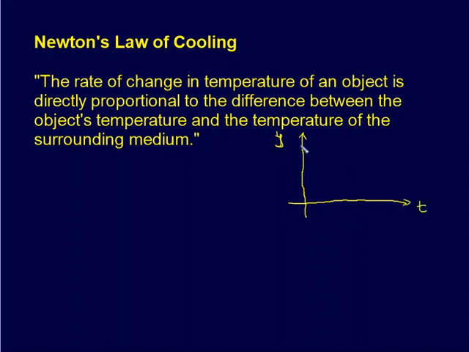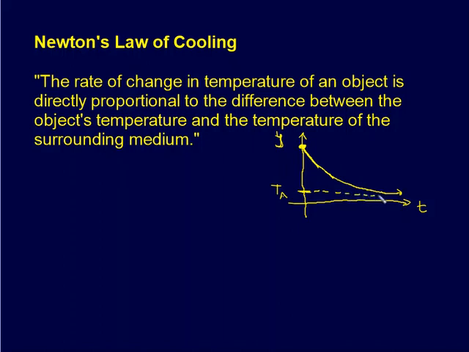It'll start off at some really high temperature, and it will start to go down in temperature, not in a straight line, but in an exponentially decaying fashion, because the steepness of this curve will decrease the closer the temperature becomes to the air temperature. Somewhere down here is the temperature of the air. I'm just going to put a capital T with a subscript A. So that's the air temperature, somewhere lower than the original hot temperature.